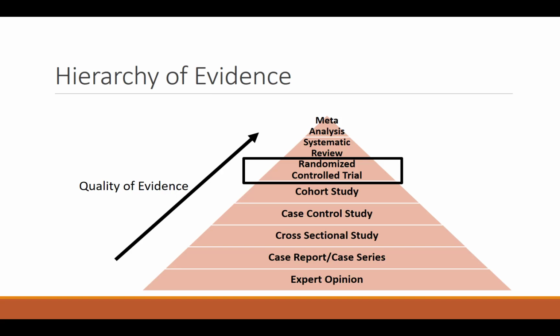But this does depend on the individual study, so we always have to be careful with our interpretations. Well-done RCTs will have better evidence and higher internal validity than well-done observational studies. The best evidence obviously comes from pooling multiple studies together, and that's in the form of meta-analysis and systematic review, and we'll get into those in due time.